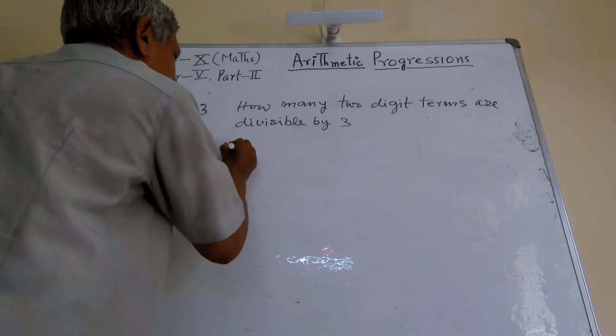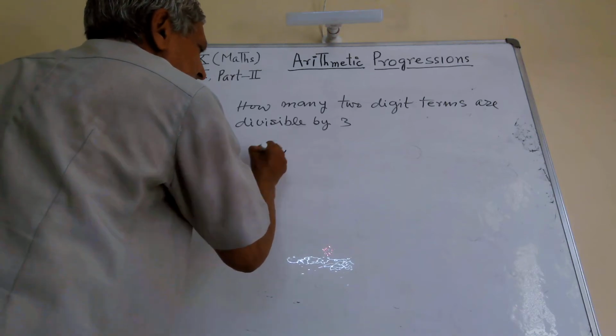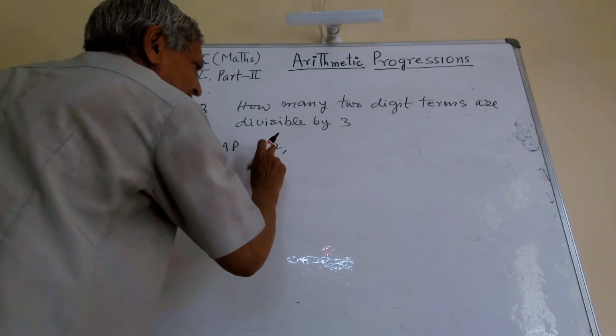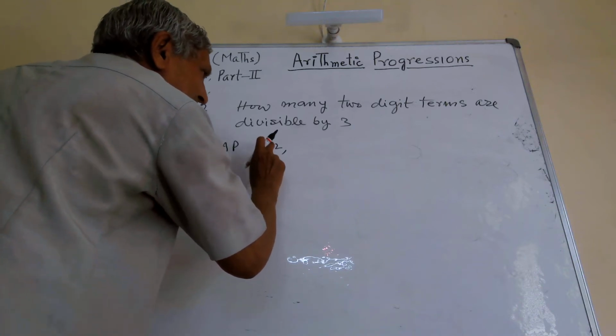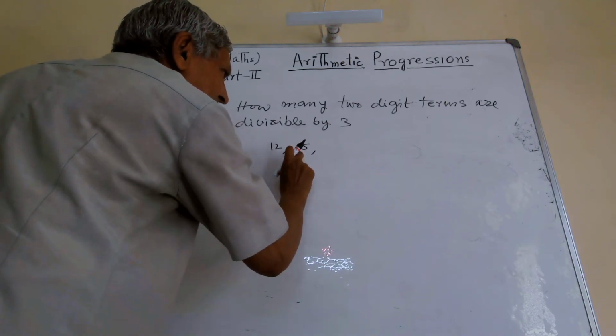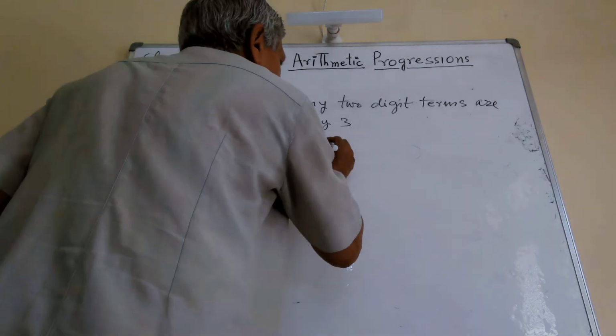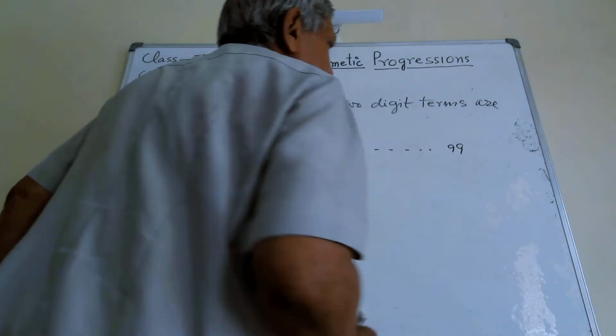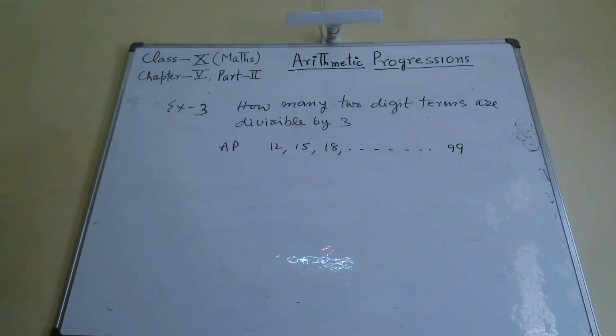Now write down the AP series. The first two-digit term which can be divided by 3 is 12. The second term is 15, which can also be divided by 3. The third term is 18, and the last term is 99. This is the AP series.